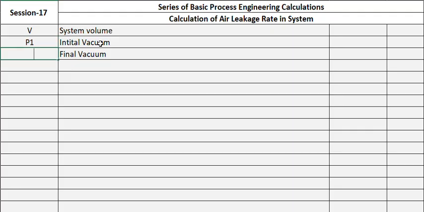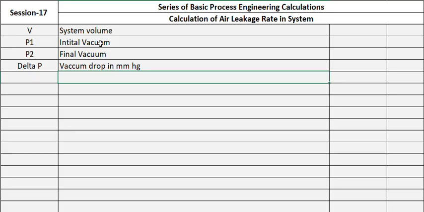Then P1 is the initial vacuum, and delta P is the vacuum drop that we need to check, in mmHg.